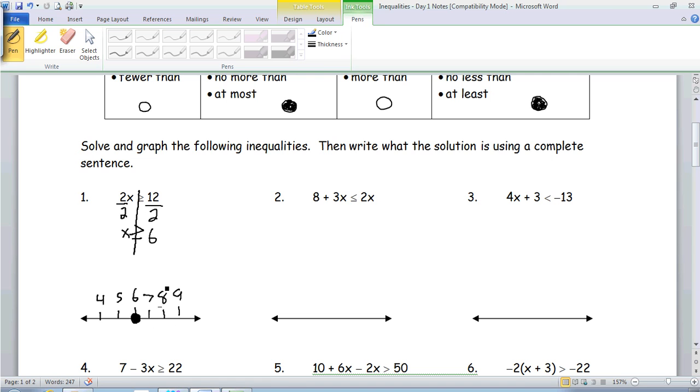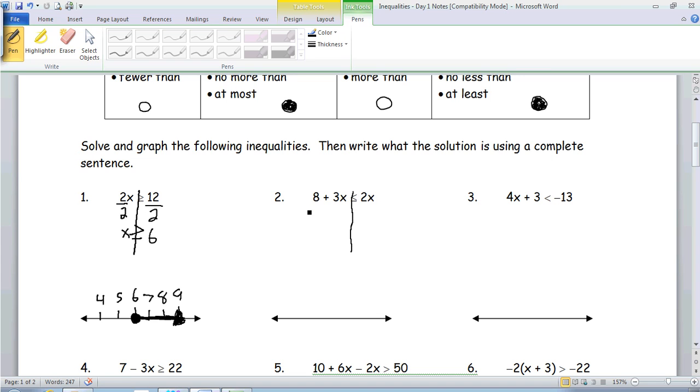And then we're going to go in the area that it points. Now this points to the right, so my line I'm going to draw in will point to the right, and since I don't have an endpoint listed, which we'll get to in a later lesson, I'm going to draw an arrow on it. Alright, number 2.